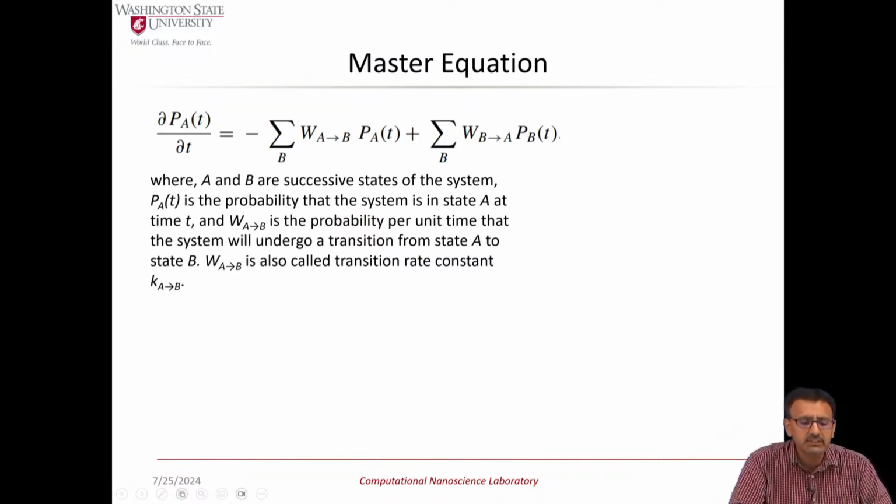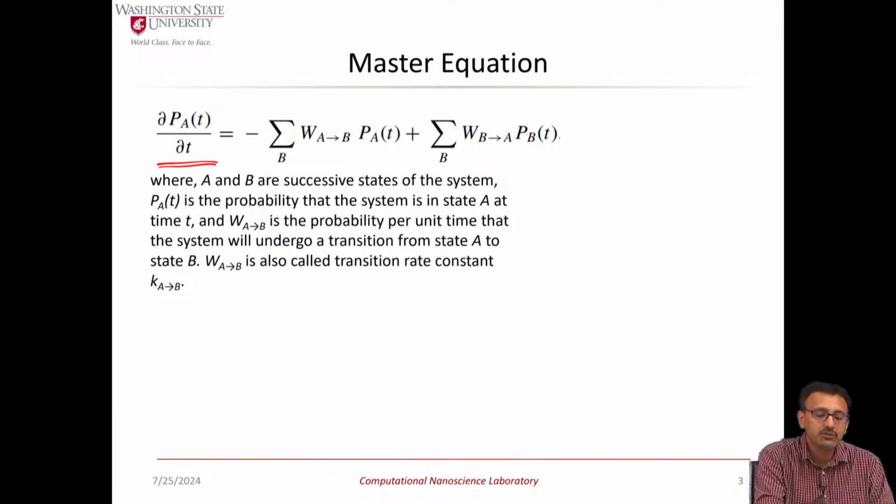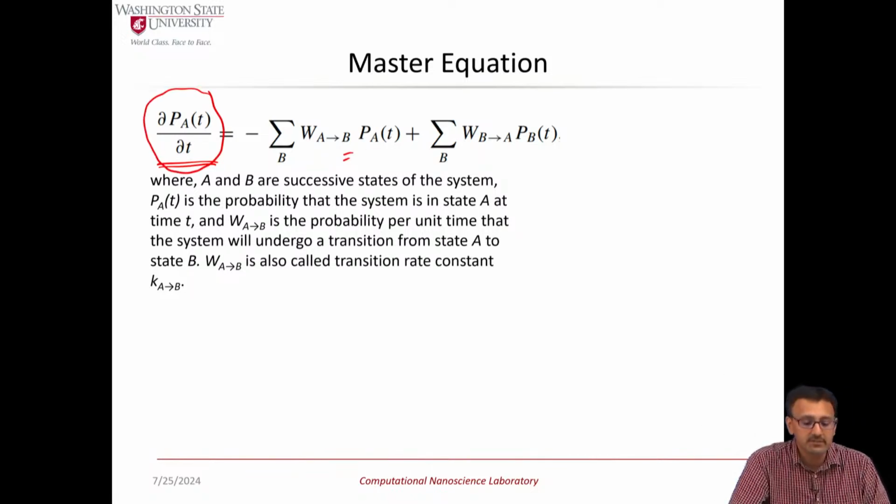So here is the master equation that I mentioned. This is very generic. It's not only valid for physical systems, it is used in other disciplines as well. Basically, a system is at a certain state A, which occurs with a certain probability at a given time, and then it tracks how that system goes from the state A to a state B through various events that can occur.